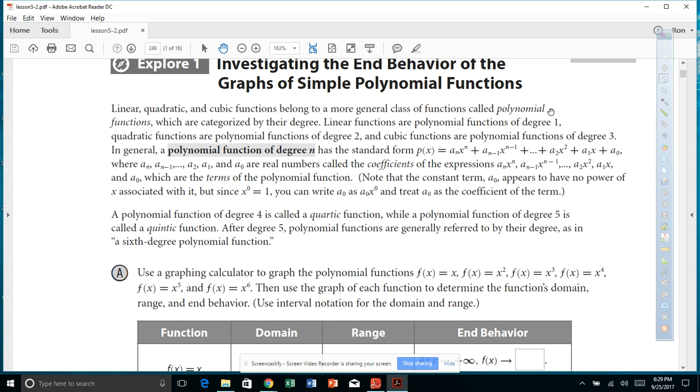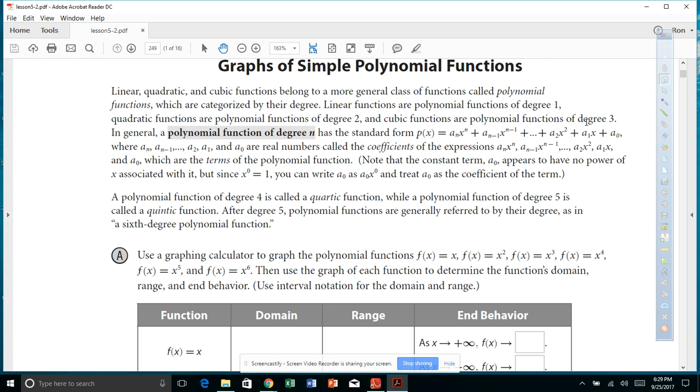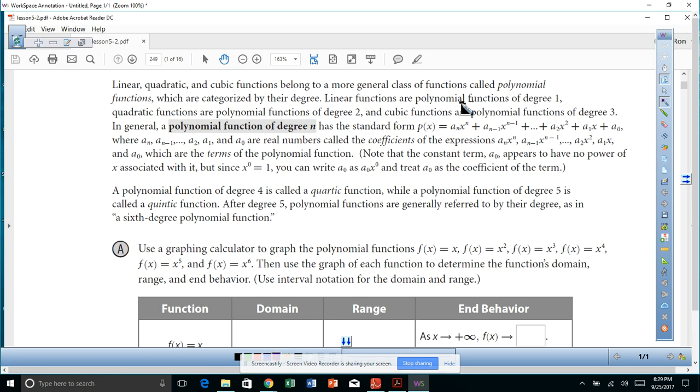Linear, quadratic, and cubic functions belong to a more general class of functions called polynomial functions, which are categorized by their degree. Linear functions are polynomial functions of degree 1. And when I say degree 1, linear functions look like y equals, and we'll say 4x plus 3.